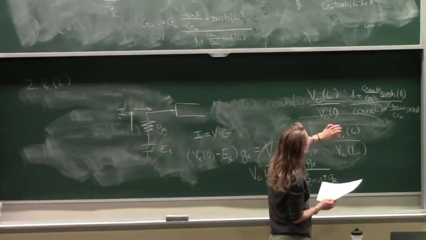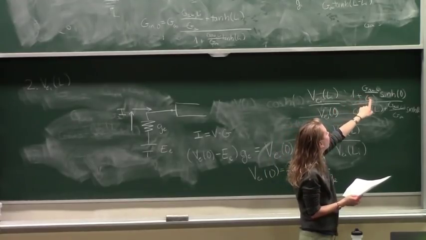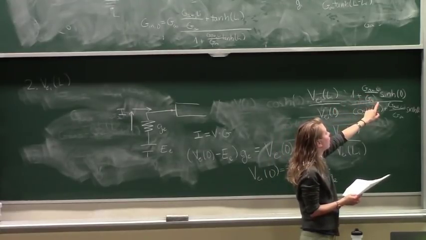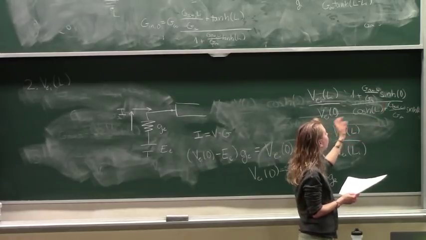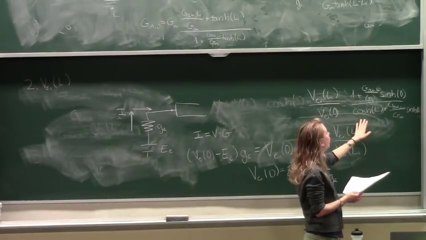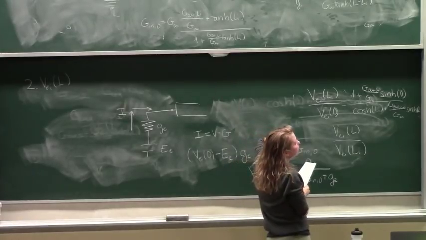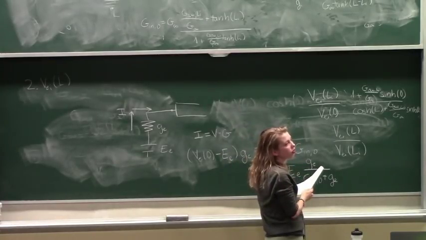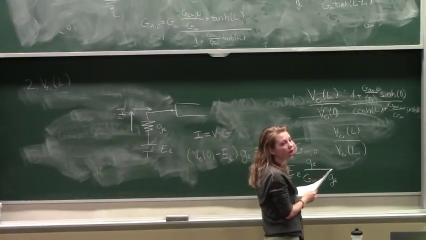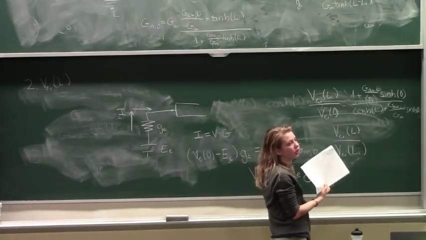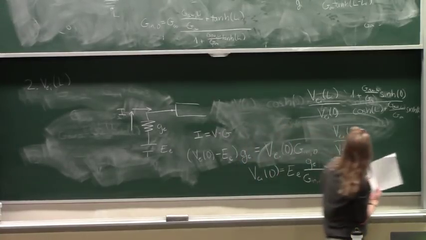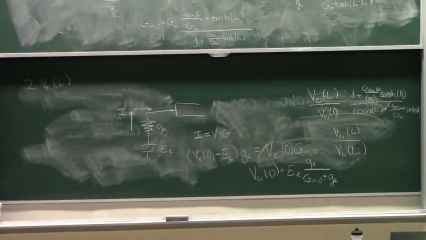So that's 1 plus G out at Li over G infinity times hyperbolic sine of 0 over hyperbolic cosine of the length of that branch, which is Li, plus G out of Li over G infinity times hyperbolic sine of Li. And I'll post these notes, in case I can write that also here. Okay.